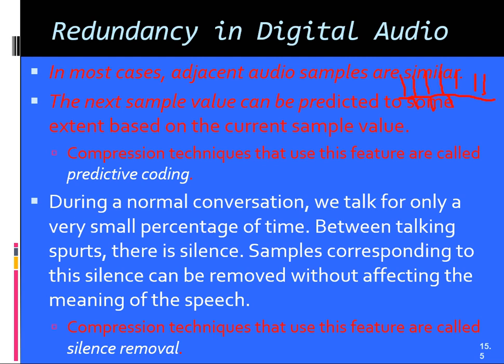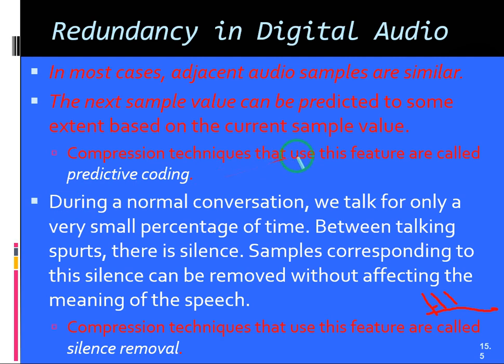Redundancy in digital audio. In most cases, adjacent audio samples are similar. The next sample value can be predicted to some extent based on the current sample value. So this is one sample and this is another, and they will be similar, but the third one will depend on the earlier samples.